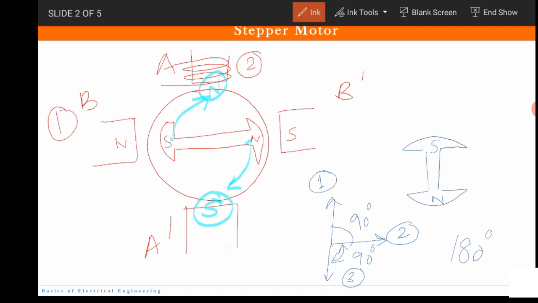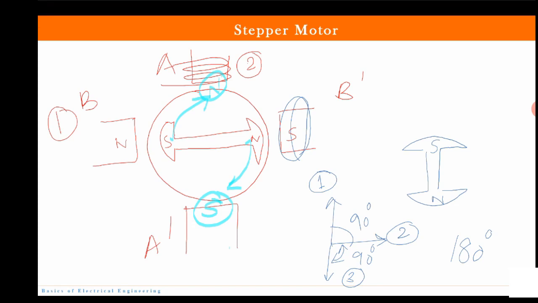In the next part you will be exciting this pole. Correct? So, continuously in this way the rotor keeps rotating. Understood? Fine. So this was single stack permanent magnet stepper motor.